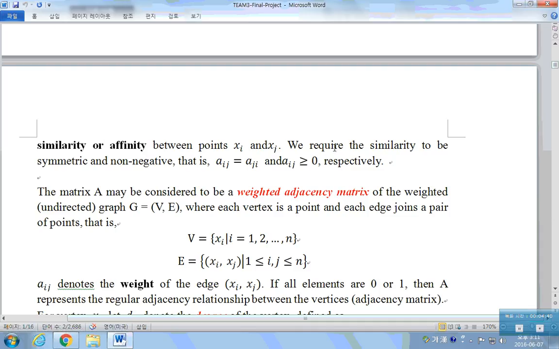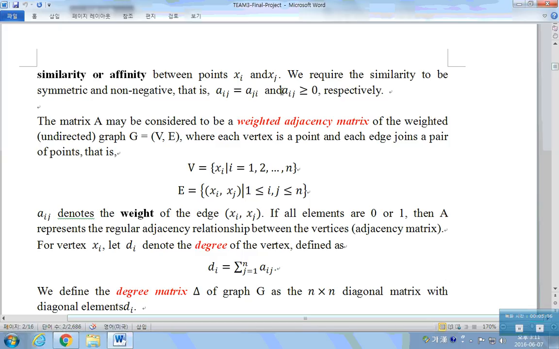So easily we can say A_ij is equal to A_ji, so it will always be a real symmetric matrix. And from the class before we already know that symmetric matrices always have real eigenvalues. That's why it's easier when we deal with eigenvalues, as they are always real numbers. And A is also a non-negative matrix.